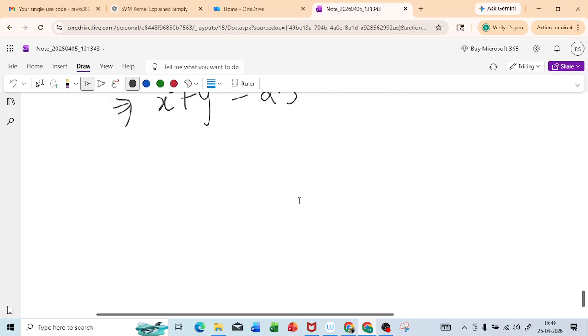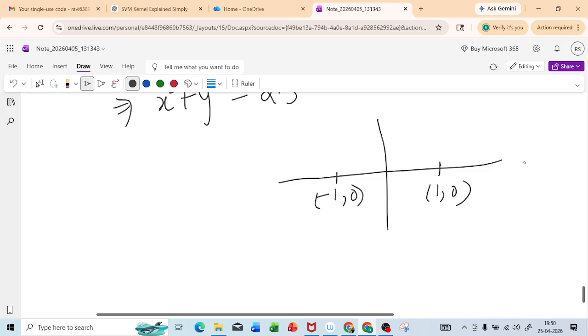Now what does this mean? This essentially is saying that for our original points, which were 1 comma 0, minus 1 comma 0, and then 2 comma 0 and minus 2 comma 0, x square plus y square is equal to 2.5.